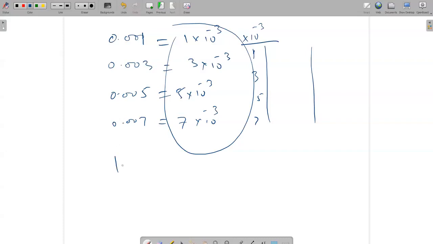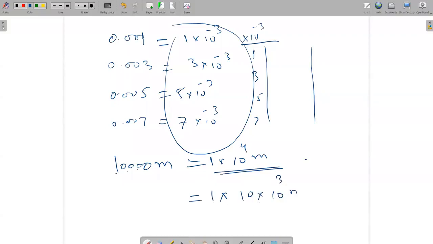If we have a number like this, what will we do? We can write it as 1 into 10 raised to the power 4 meter, like this. But if you want to write this number in prefix form, what will you do? You will write 10 into 10 raised to the power 3 meter. I split this into 1 and into 3.